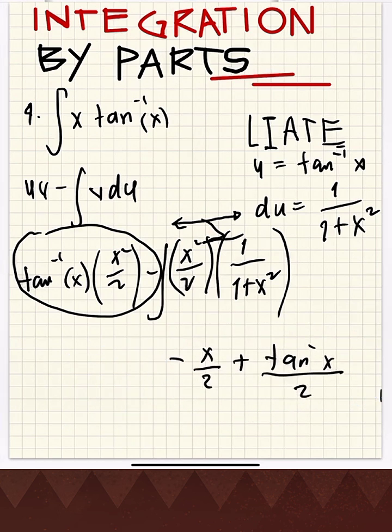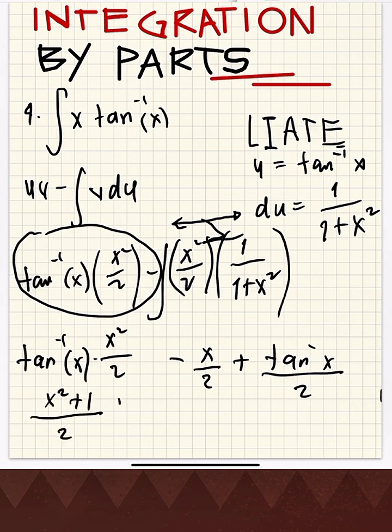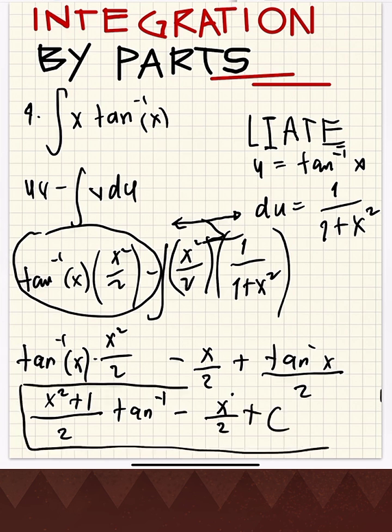Let's rewrite this again. So arctan x times x squared over 2. As we can see right here, we can merge because it's the same arctan. So this will become x squared plus 1 over 2 arctangent x minus x over 2 plus c. So this will be our final answer.